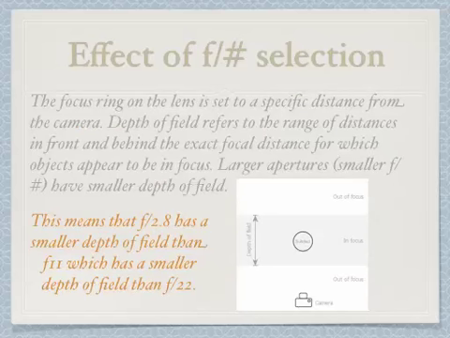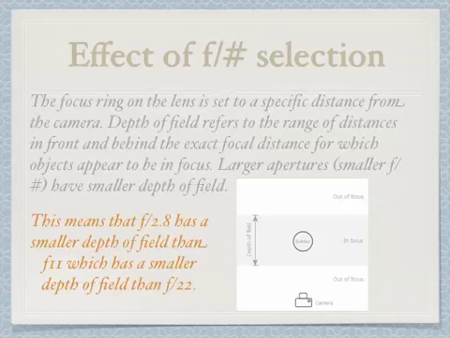Okay, now what's the effect of choosing different f-numbers? The focus ring on the lens is set to a specific distance from the camera. So you set up your model, focus on your model. Now, there will be a certain region around that focal distance where everything within that region will also be in focus. But if you go too far behind the model or too far in front of the model, then things will become out of focus.